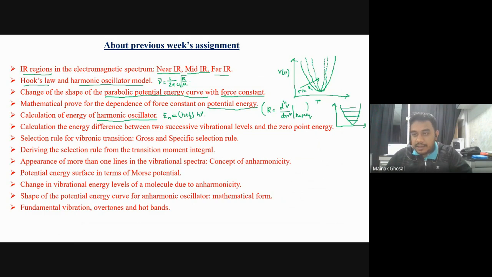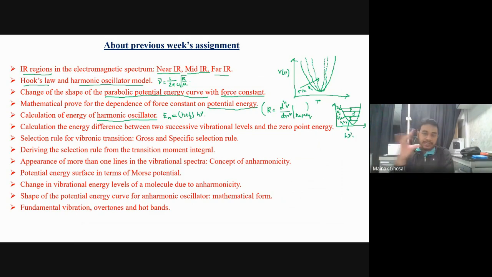Just clearly see these energy levels are equally spaced. This is half h nu. This is 3 by 2 h nu. This is 5 by 2 h nu. This is 7 by 2 h nu. So the difference between them is always constant. How much is this? This is nothing but h nu only.